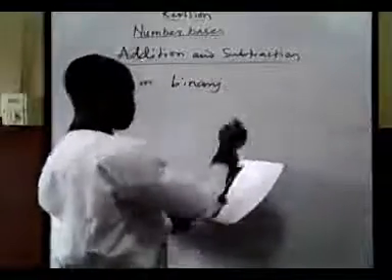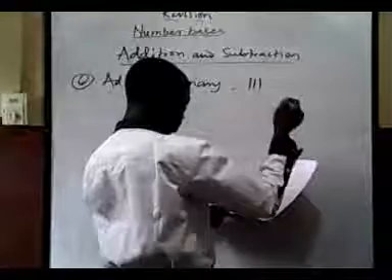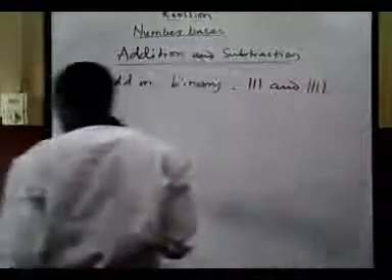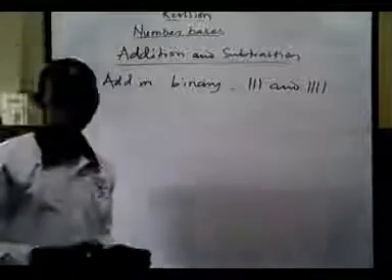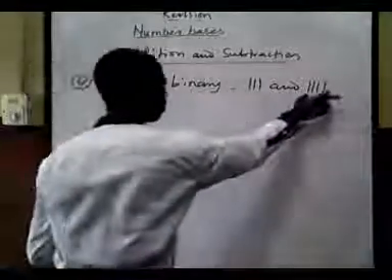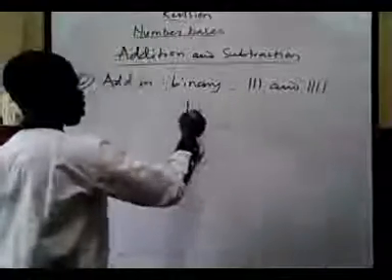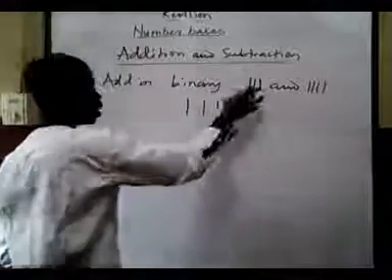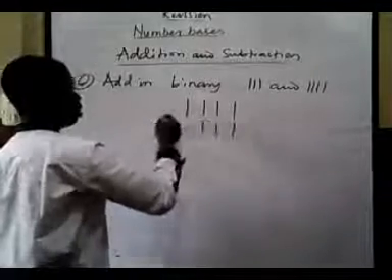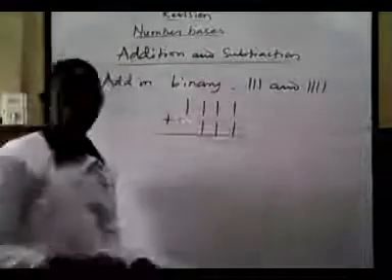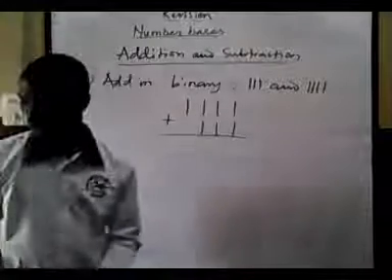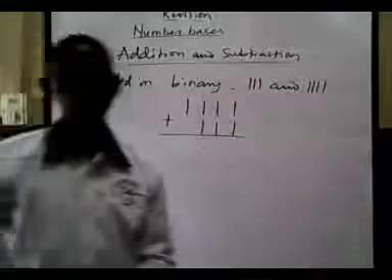Add in binary, that means in base 2. 111 and 1111 in base 2. So we set out our addition normally. Let's take the longer one, 1111, and take the other one now, 111. Then we are asked to what? Add. We're going to see the solution to this in the next clip.